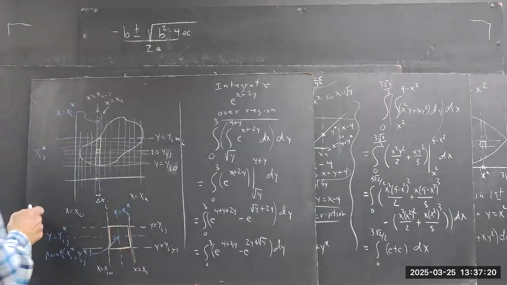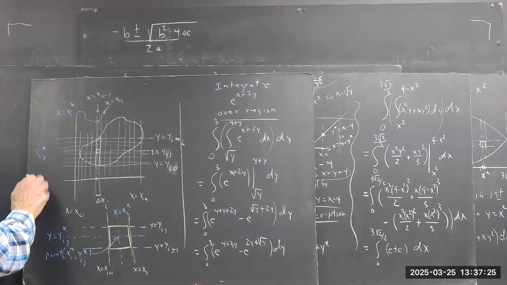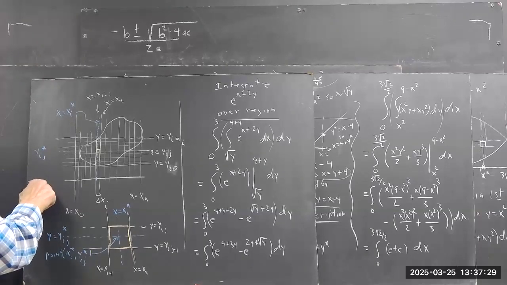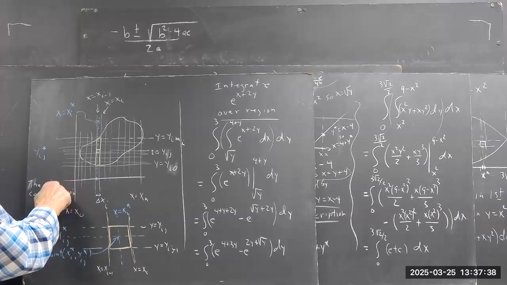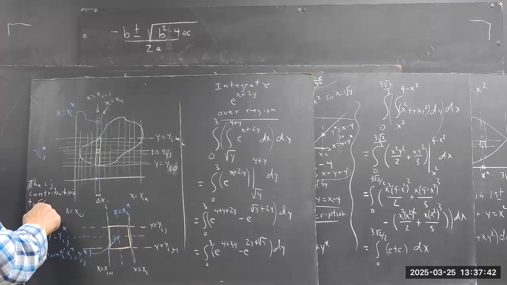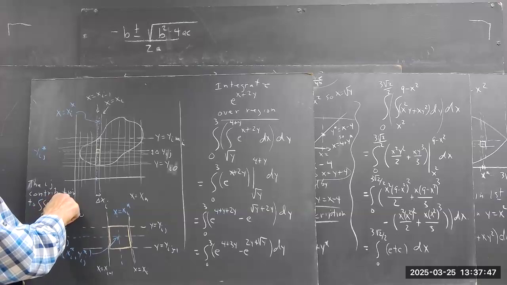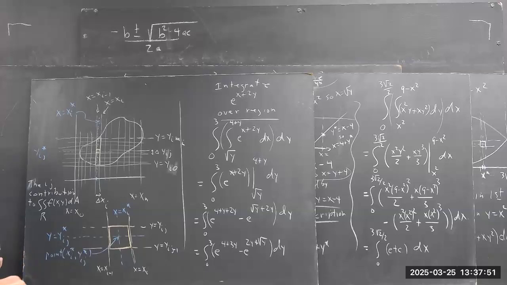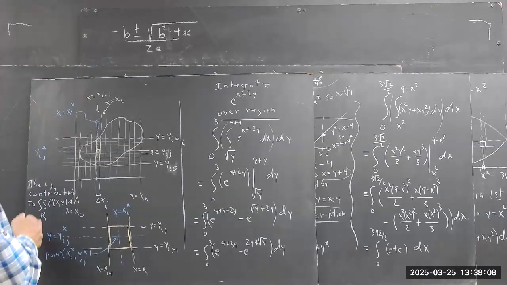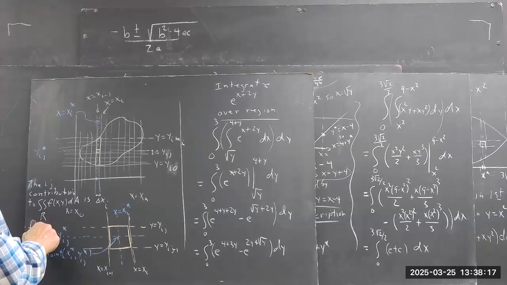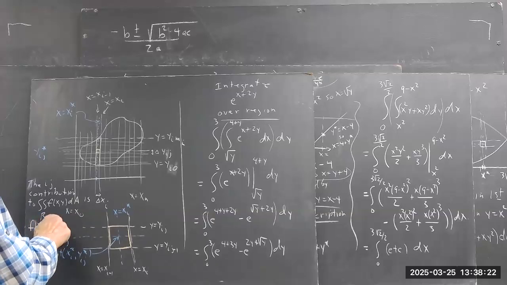I'd like to have a little more room to write this out. The ij contribution to the integral over the region of f of x, y is... I'm not on... xi star, yij star.